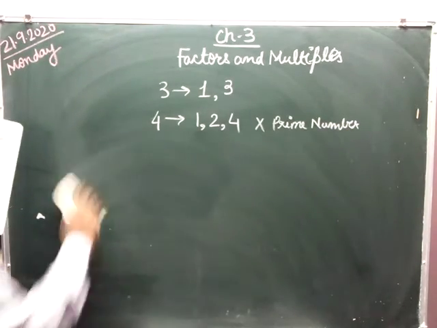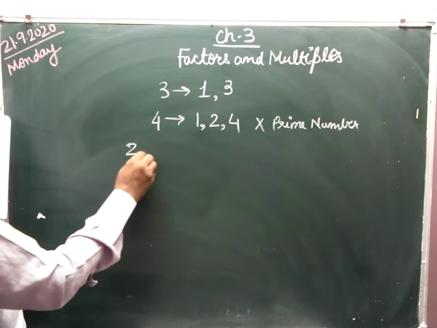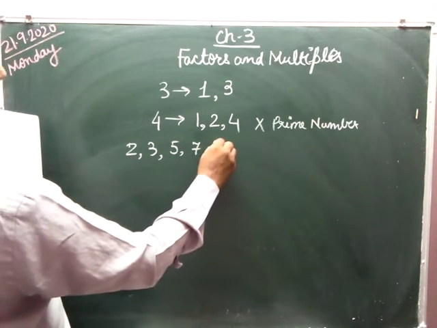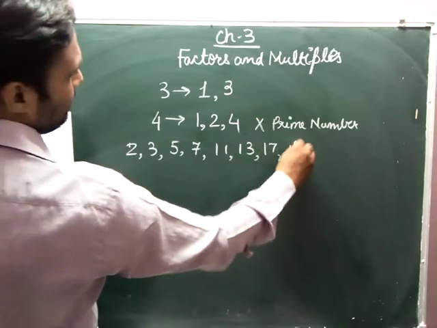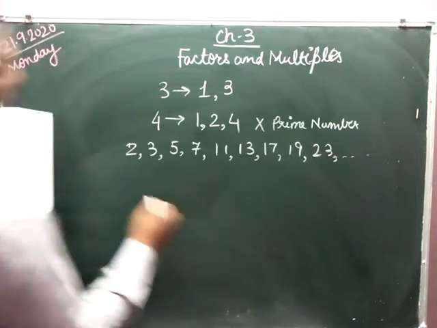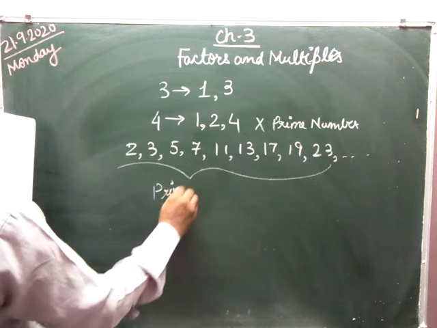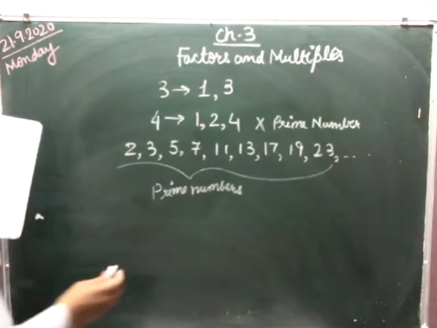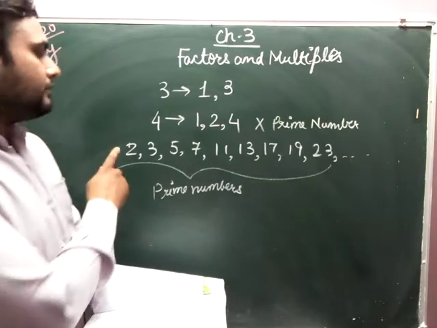Examples are 2, 3, 5, 7, 11, 13, 17, 19, 23 and so on. All these are prime numbers because they all have only two factors: one is 1 and the other is the number itself.